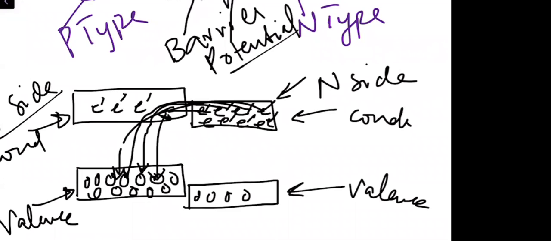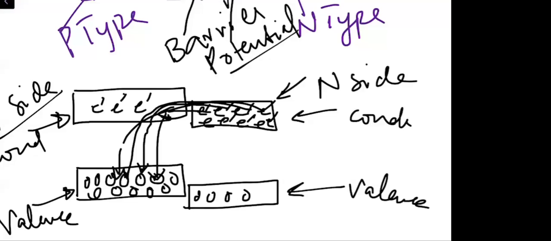They start moving from the n side into the p side. When they go into the p side, they lose energy, and once they lose energy, they go into the valence band on the p side, right?